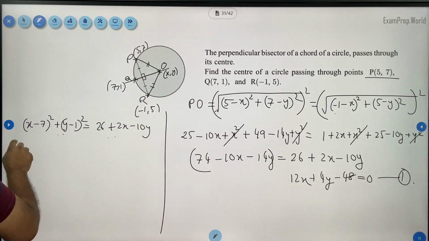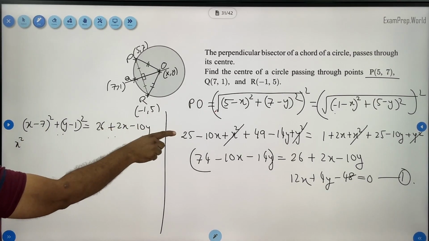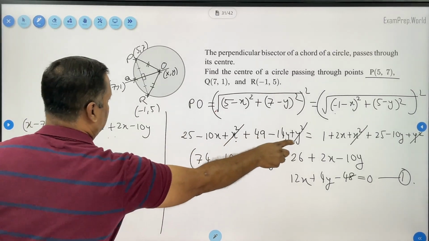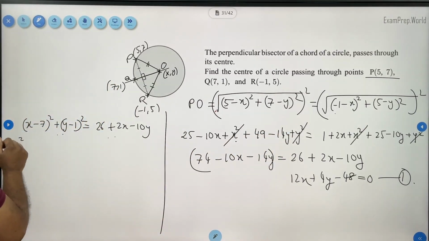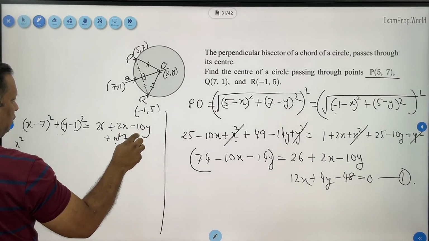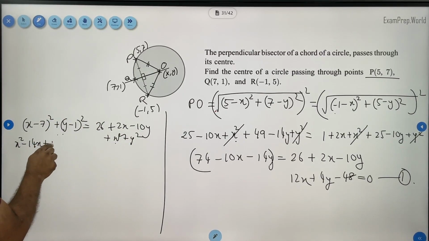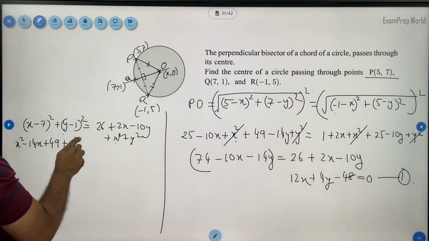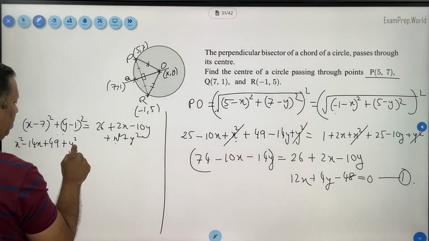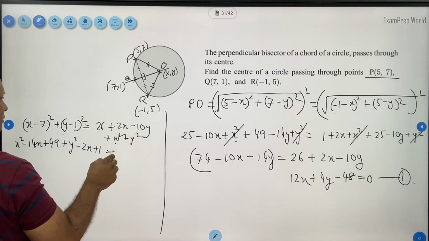Now expand this one and remove those x squares from here. X square and y square will go because they get cancelled off. So x square minus 14x plus 49 plus y square minus 2y plus 1 equals this thing.